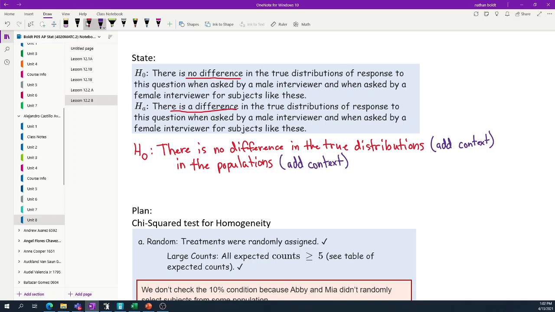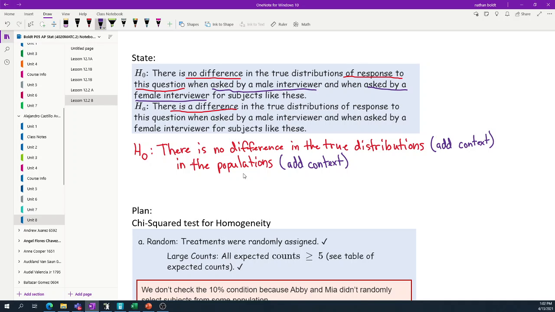So for the first one, what was there? The first one was the context for the distributions: distributions of response to this question. Okay. In the populations, what were the populations? The people asked by a male interviewer and the people asked by a female interviewer. Those were our two populations.